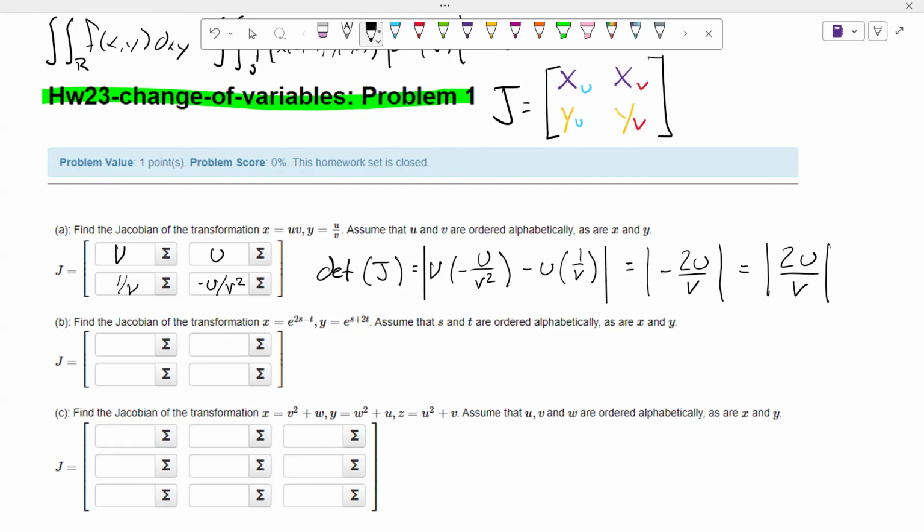Because if you just swap the columns, all that's going to change is the sign of your answer. You'll still get the same 2u over v product, but you would get a positive sign, whereas I got a negative sign, which is just what happens if you transpose those columns. And because we're taking the absolute value of the Jacobian determinant in the end, the order of the columns doesn't matter, which is kind of nice.